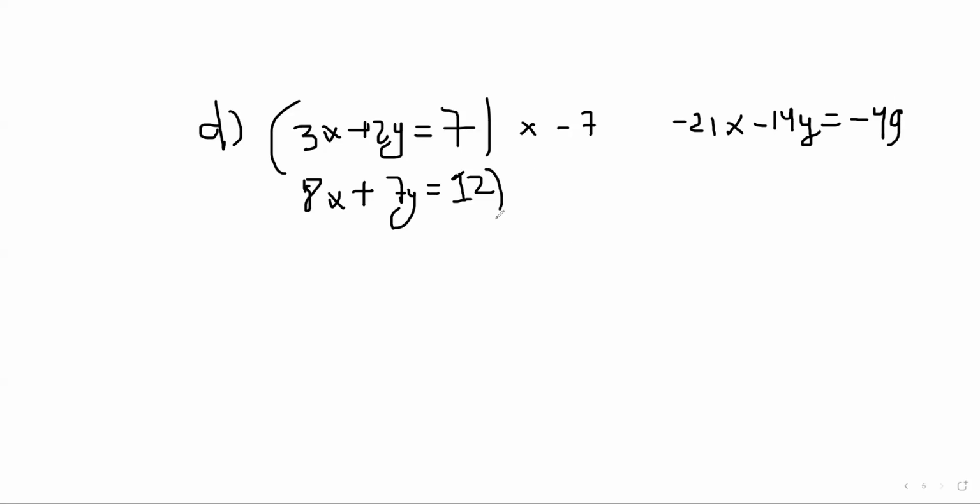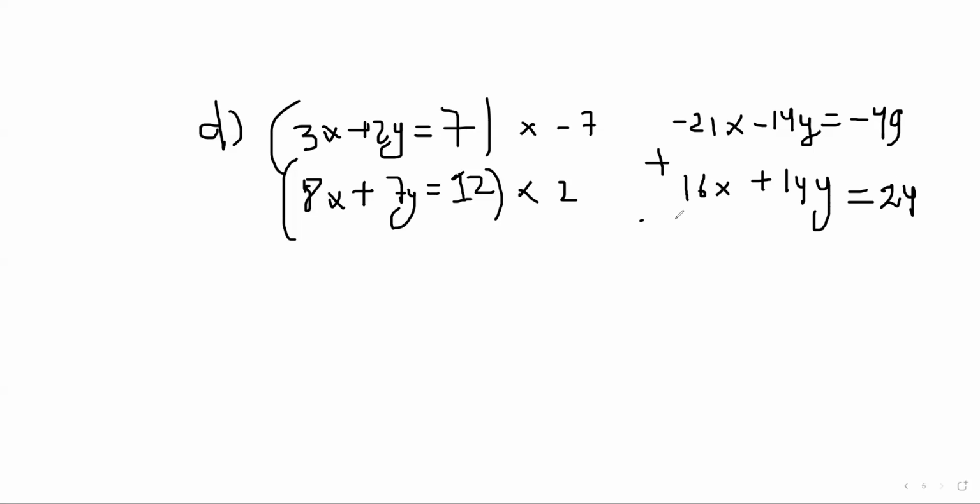Meanwhile, I multiply the second equation by 2. Why do I choose these numbers? Because 2y times 7 is 14y, and 7y times 2 is again 14y, so we can cancel the variables. Multiplying by 2, we get 16x plus 14y equals 24. Do not forget, we multiply both sides by the same number.